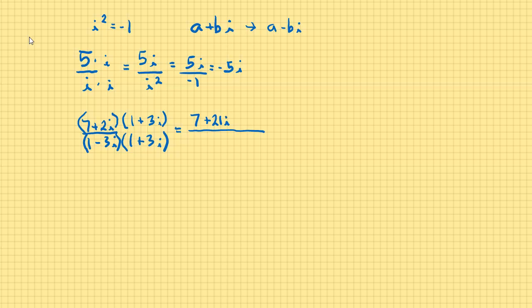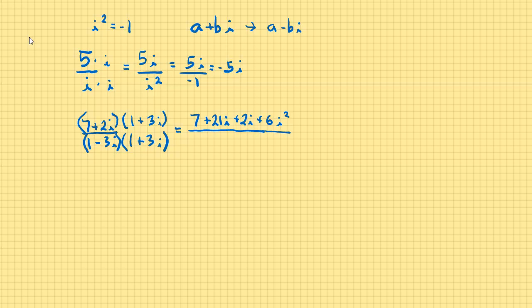And then on the inside we have 2i times 1 is 2i, so plus 2i. Okay, and then we have 2i times 3i is 6i squared, so it's plus 6i squared. I'm going to make my division line a little longer here.